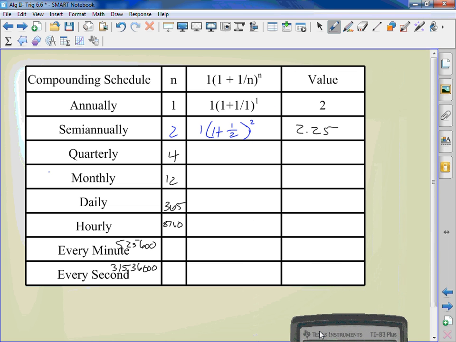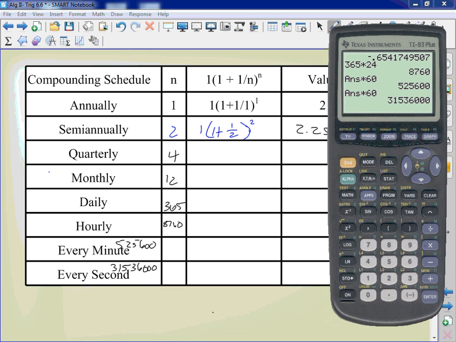Okay, so I want you to find out what the value is for each one. The first one, I have 1 times 1 plus 1/4, to the 4th power, which gets me 2.44.